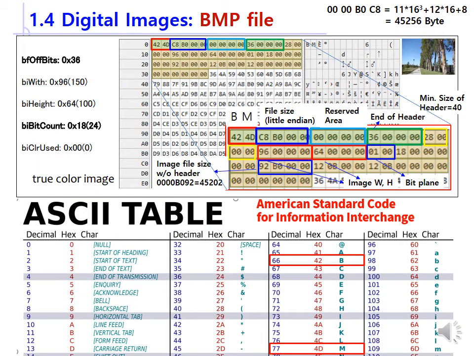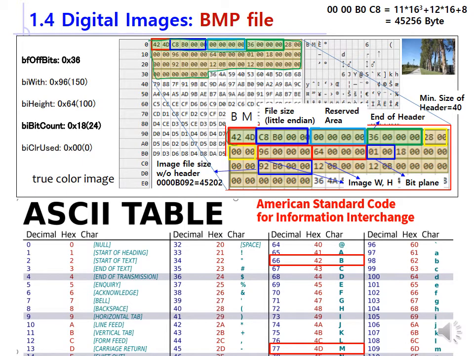This slide shows an example of a color BMP file. This is the header of the BMP file. The file header goes up to here. This is a magnification of this area.